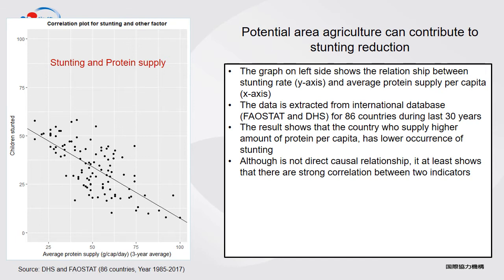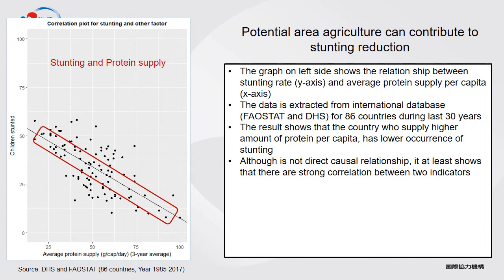The data is collected from DHS and FAOSTAT from 86 countries between the years 1985 and 2017. The Y-axis indicates the stunting rate of children at the country level, and the X-axis indicates the country level average protein supply, gram per capita per day. And from the graph, we can easily understand there is a strong correlation between stunting rate and average protein supply.